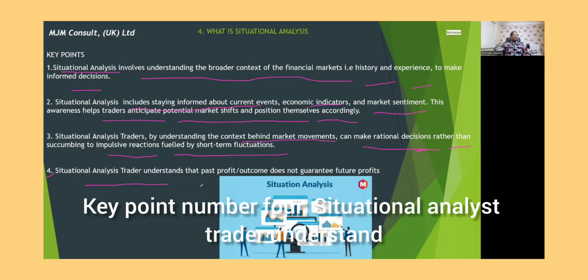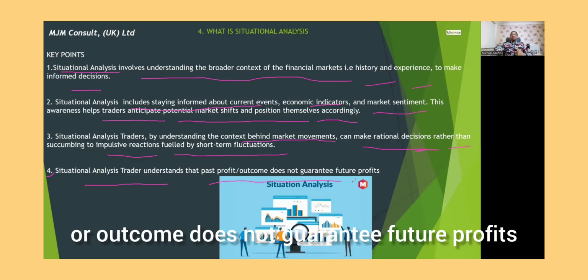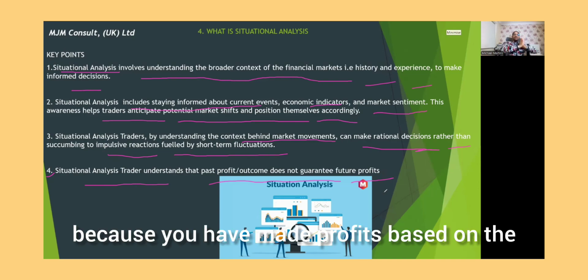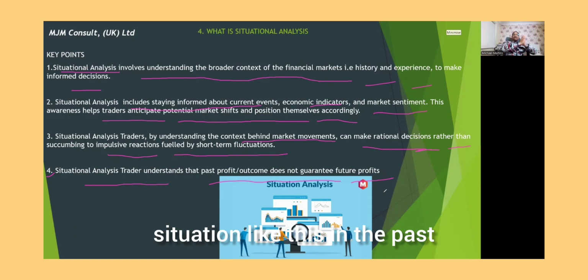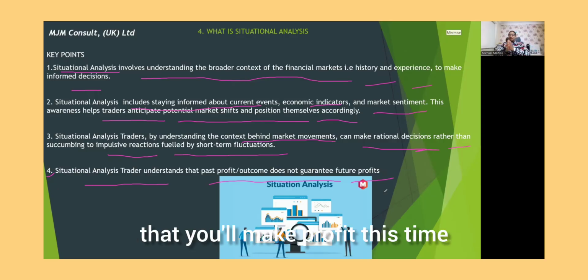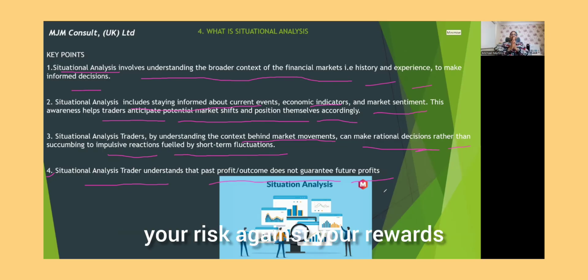A situational analyst trader understands that past profit or outcome does not guarantee future profit. So you know that because you have made profits based on a situation like this in the past, it does not necessarily mean that you will profit this time. So that enables you to measure your risk against your rewards.